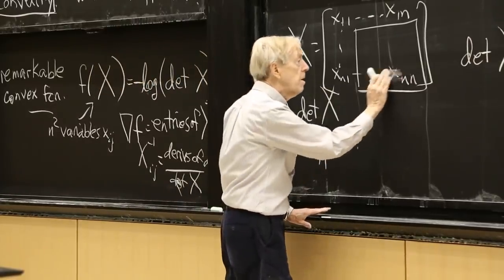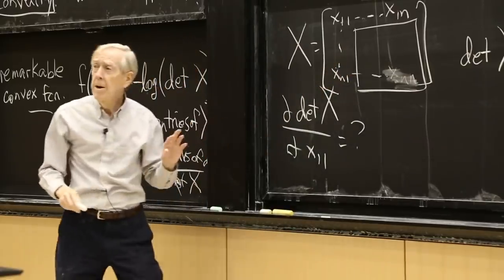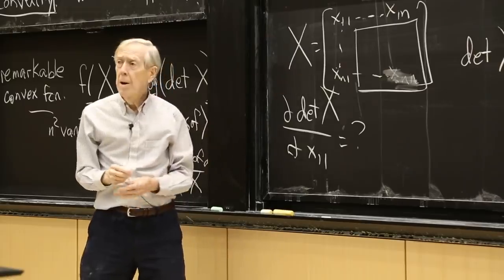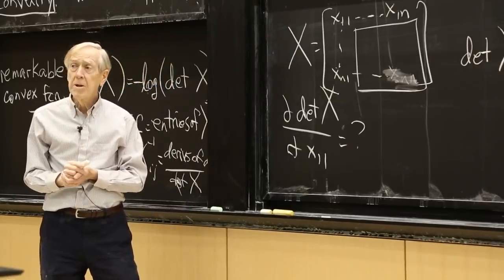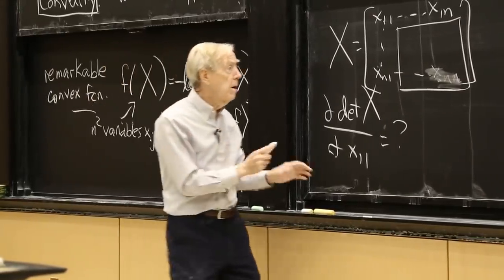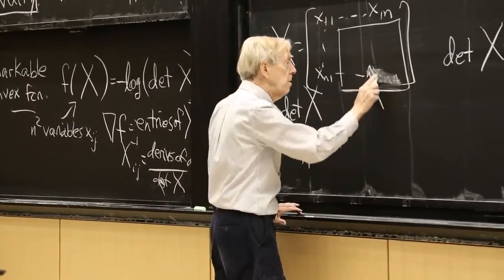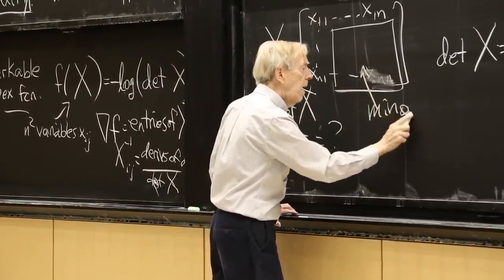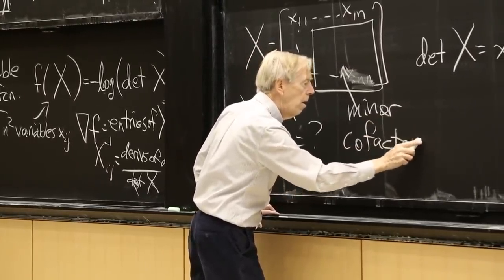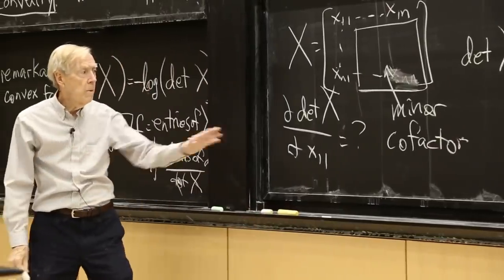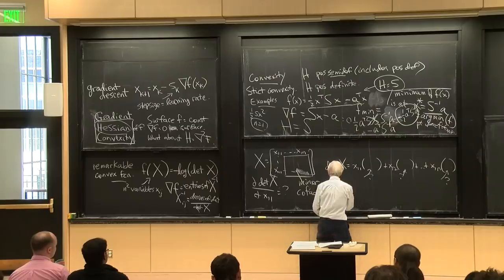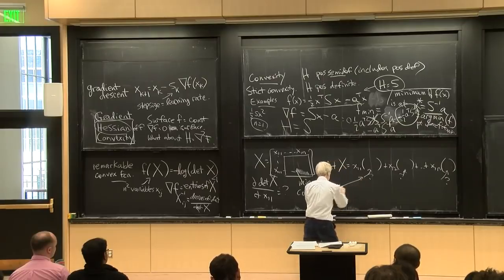And what is this called? That one smaller determinant that I get by throwing away the first row and first column. It's called a minor. Yes, minor is good. There are two words that can be used: minor and cofactor. And how do I compute it? This is a number.